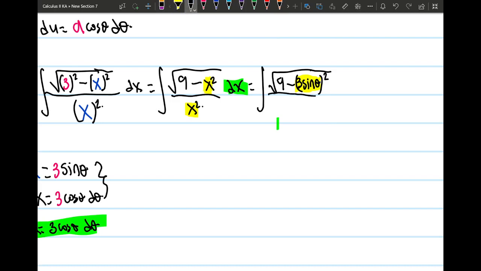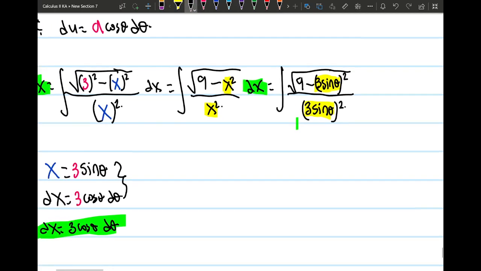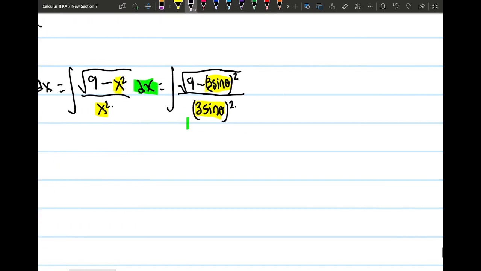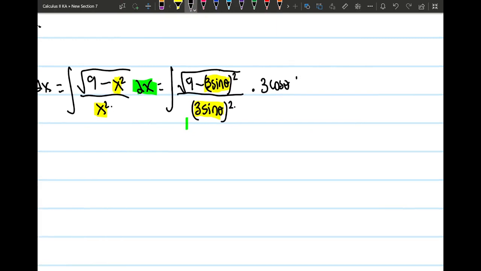And then we had, again, the same thing. We're going to put 3 sine of theta squared. So it's basically this again, but squared. So you can clearly see what I'm plugging in here. And dx, like we said, was this here. So we're going to put times 3 cosine theta d theta.